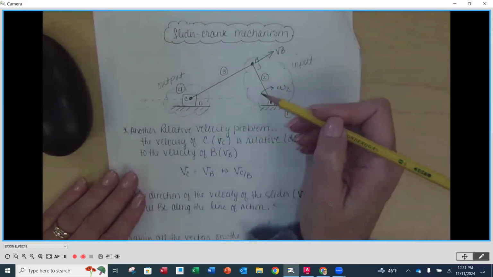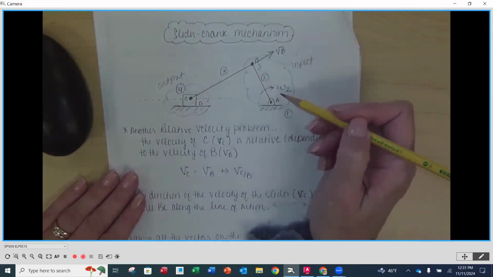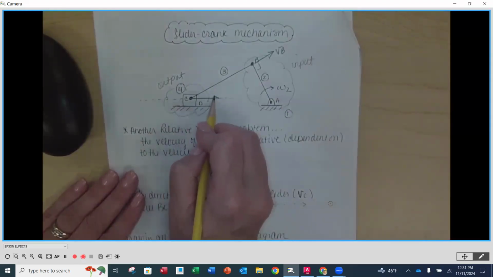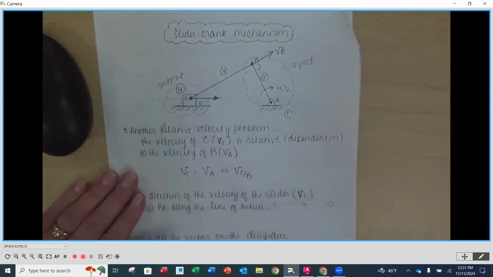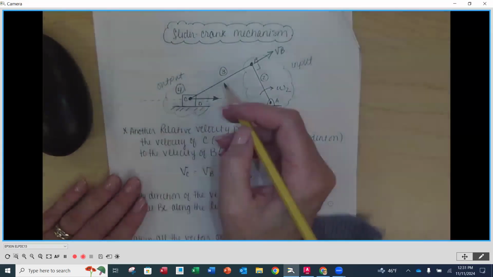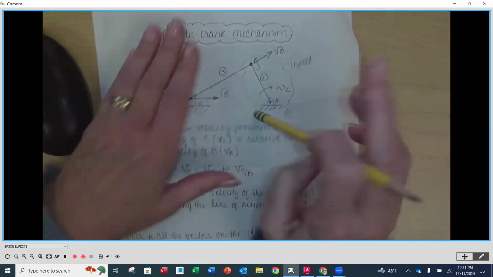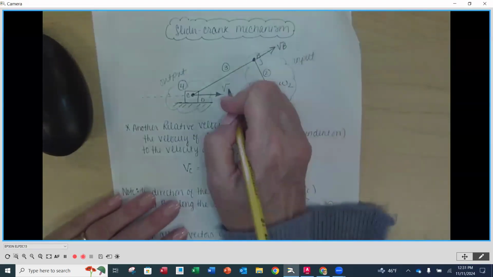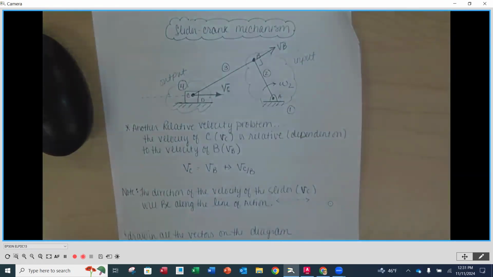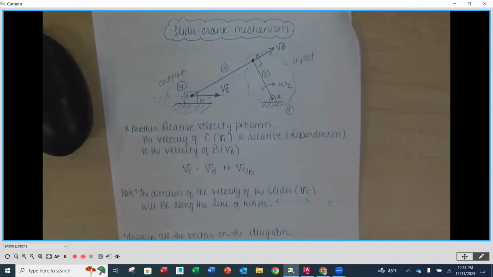So if we are rotating our crank at this point clockwise, you'll notice that that means that the velocity of point C, which is at the center of our slider, has to go to the right. Would you agree with that? Notice this one is not perpendicular to anything. This is along the path that the slider is going to take. It's the difference between an oscillating link and a slider. Slider is constrained to straight line motion.